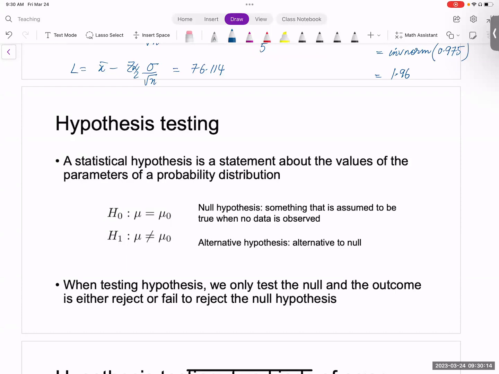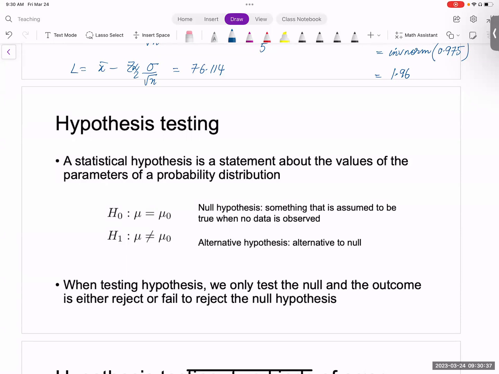And in hypothesis testing, you're always trying to somehow reject the null hypothesis. So if you get some data, based on the data, you can either reject the null hypothesis, or if your data is not strong enough, it doesn't give you enough information, then you fail to reject the null hypothesis.